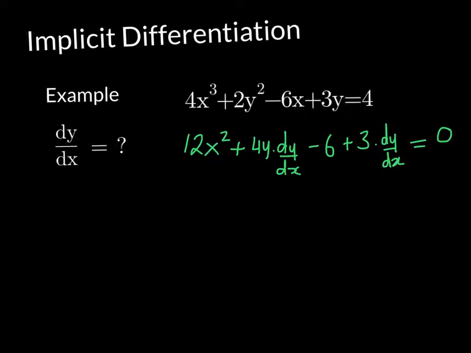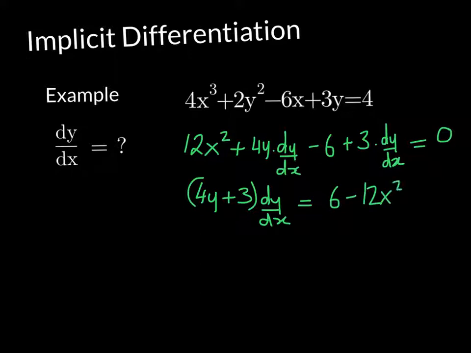So we can now essentially collect terms to find an expression for dy/dx. So we have 4y plus 3 all multiplied by dy/dx, and that is equal to, if we take the other terms to the other side, 6 minus 12x squared.